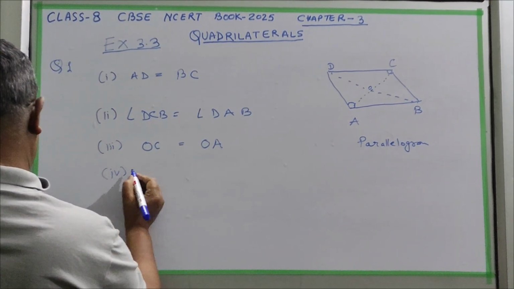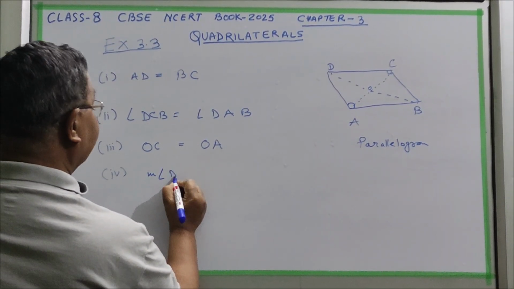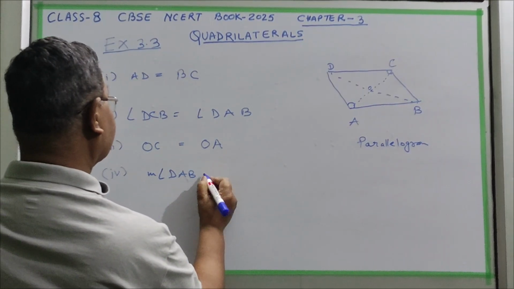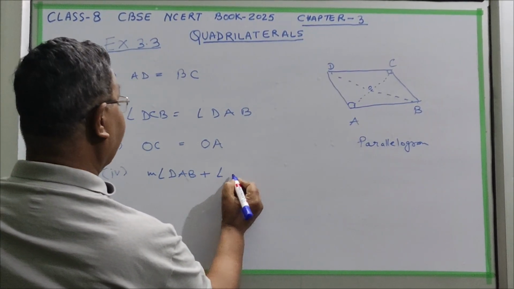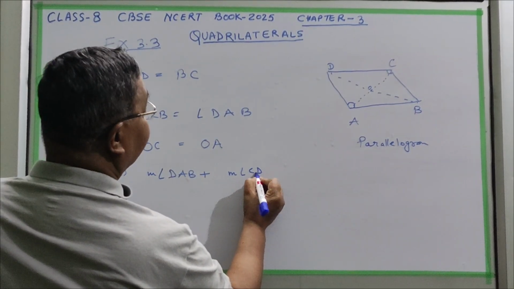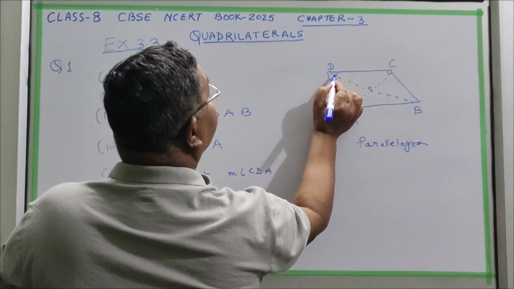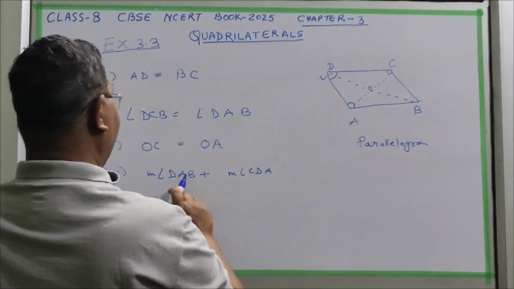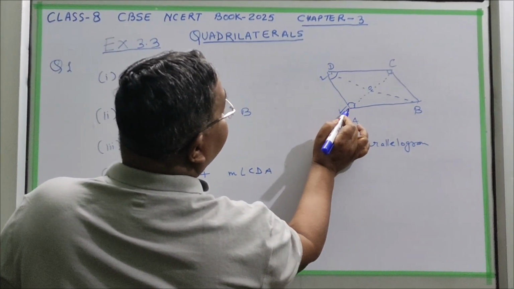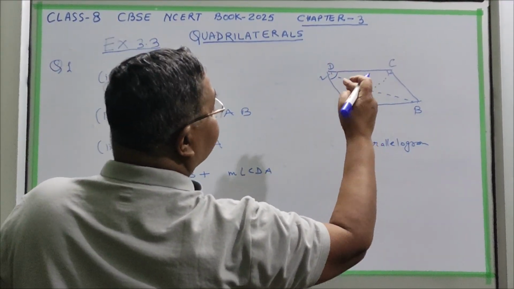The fourth part is the measurement of angle DAB plus the measurement of angle CDA. Means this angle, CDA, and DAB. These are adjacent angles, on the same side of the transverse line.